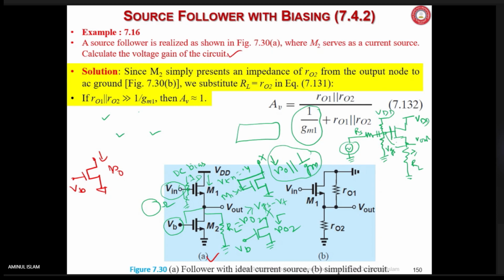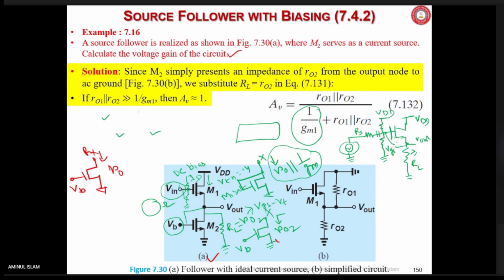We have discussed or not? Yes, sir. Rx looking from the top, this is a battery voltage, a DC bias voltage. A fixed resistance rO will be given by this.